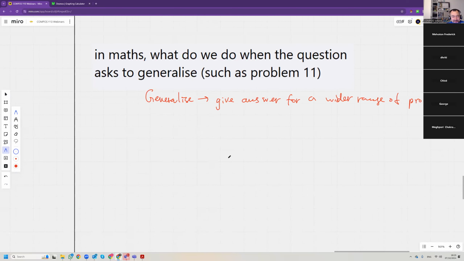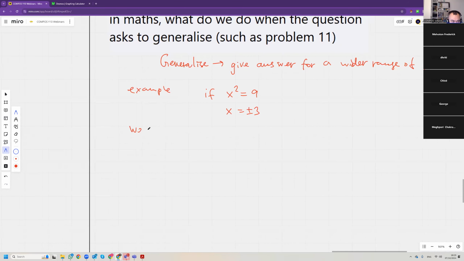I don't know if that helps. Let's take an example. If x squared equals 9, then x equals plus or minus 3. We can generalize this, saying that if x squared is something, x squared is a, then x is plus or minus root a.